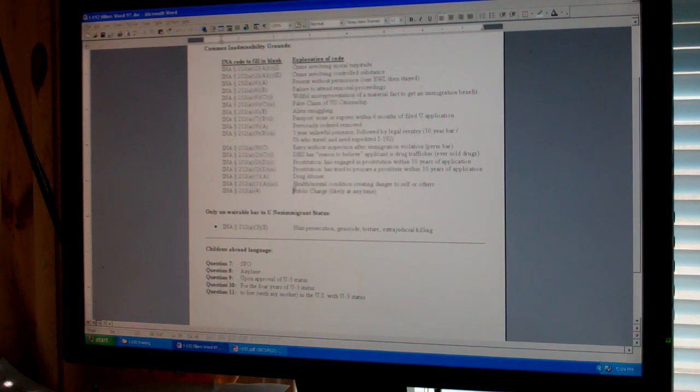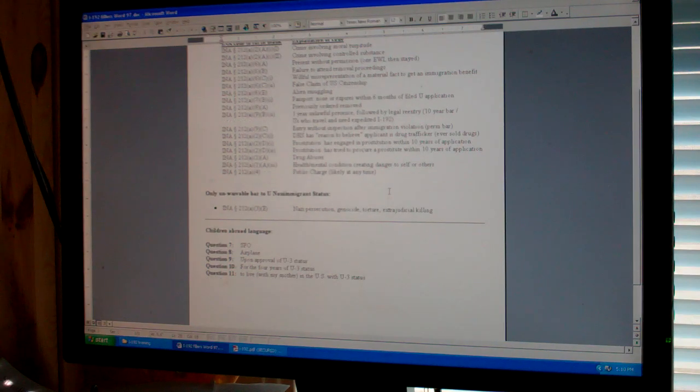So if somebody is going through the regular immigration process where public charge could be an issue, and they are sitting at their interview with immigration after having gone through the long family process to apply for permanent residence, at that time immigration will look at their whole past history of receiving public benefits and their current work history and look into the future to see whether the person is likely to become a public charge. So that's why we don't generally put 212A4 in to ask to have it waived, because all of our clients are going to be able to get working once they get their work permit.